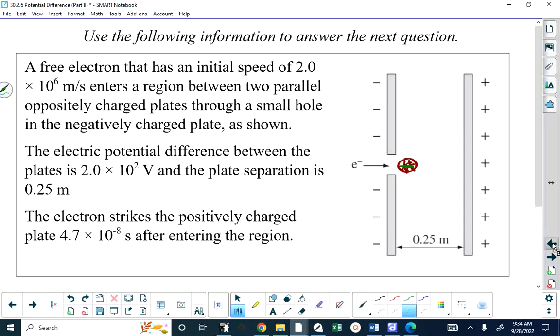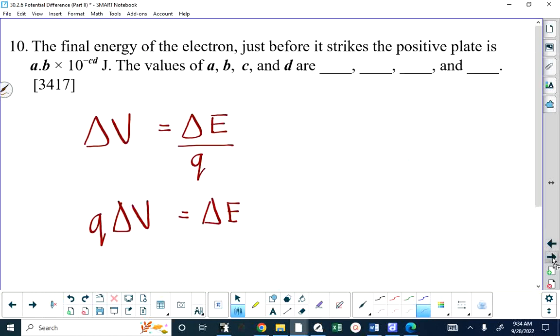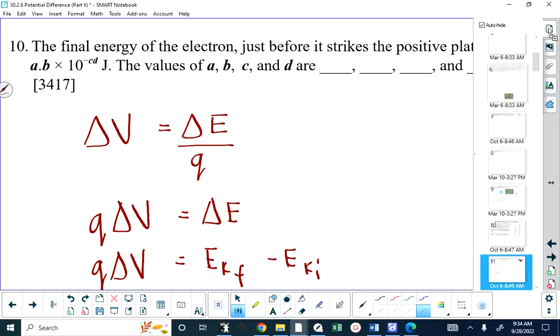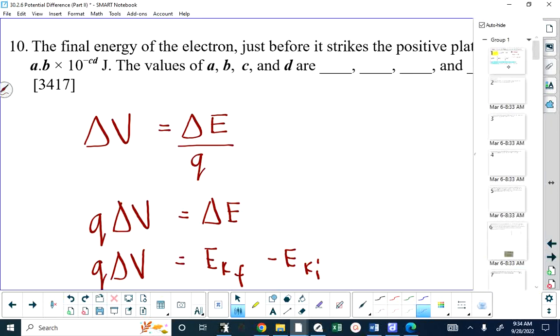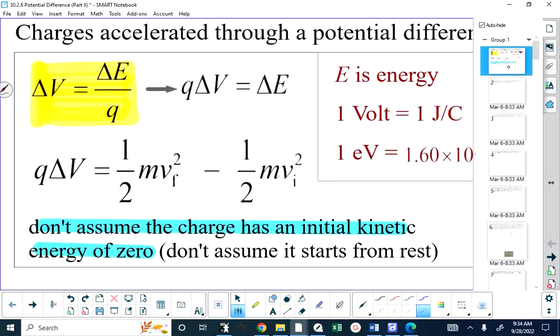And that's borne out because if you take a look at this formula, we can go one step further. Q delta V equals EKF minus EKI. And I mentioned yesterday, I think Shannon, it might have been you were working on something, just because you're given a situation where a charge is accelerated through a potential difference doesn't mean you're going to do this whole thing.